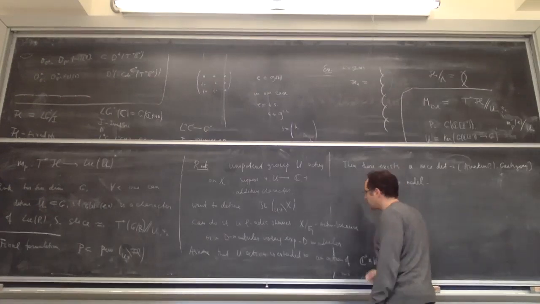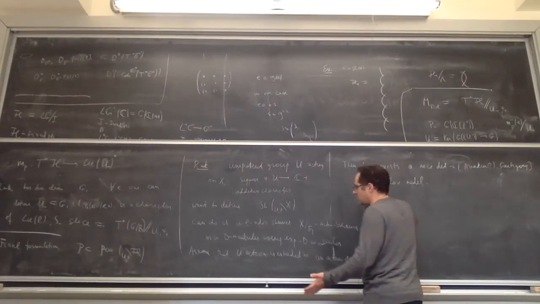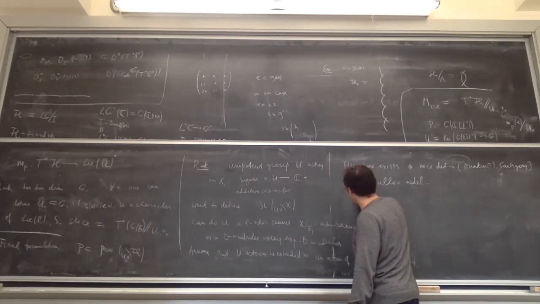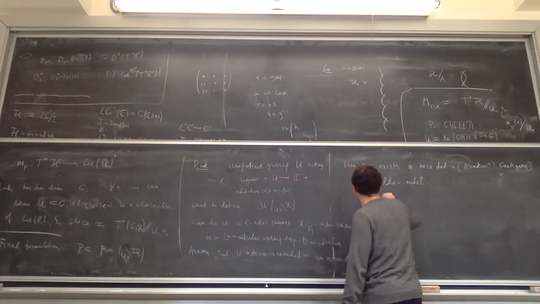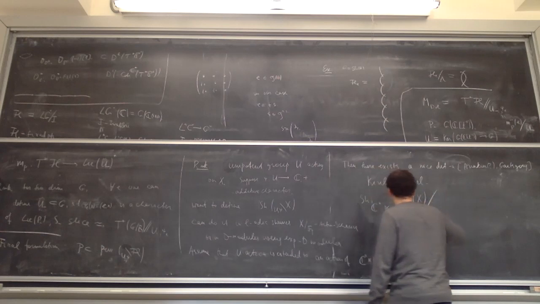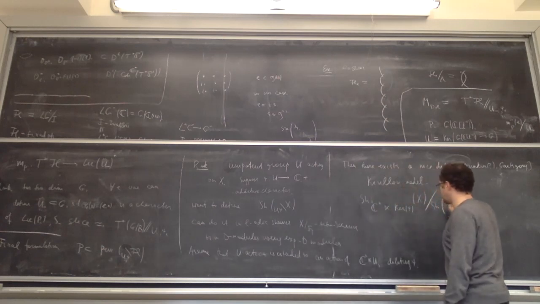Yes, yes. And there is a nice, so it's actually, one way to say it is that we take sheaves equivariant for C star semi-direct kernel of psi on X modulo sheaves equivariant.